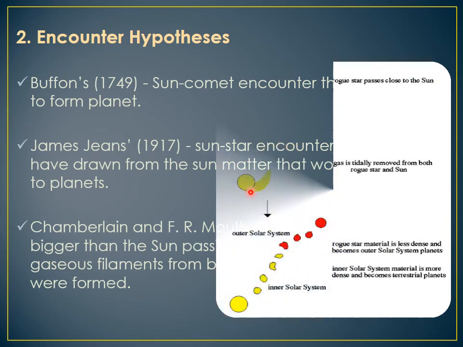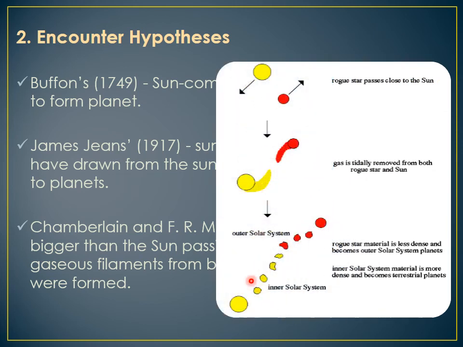Take a look at this illustration. From the two bodies that encounter each other, they draw filaments, forming the inner solar system and the outer solar system. So that is how the encounter hypothesis is explained.